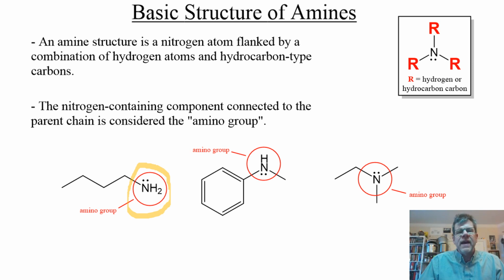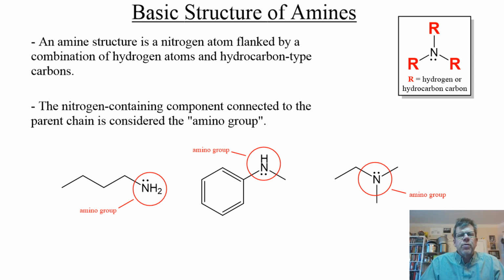We just write NH2, and those covalent bonds are assumed. We'll be seeing this a lot with nitrogen-containing functional groups, amines and amides, very much like we contract the hydroxyl on an alcohol or the hydroxyl portion of a carboxylic acid. But in these 3 types of structures, there are 3 representative amines.